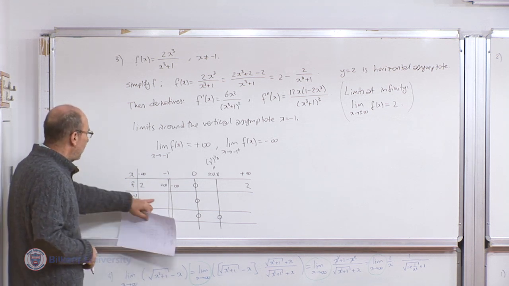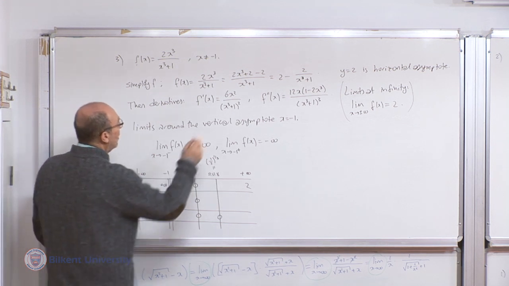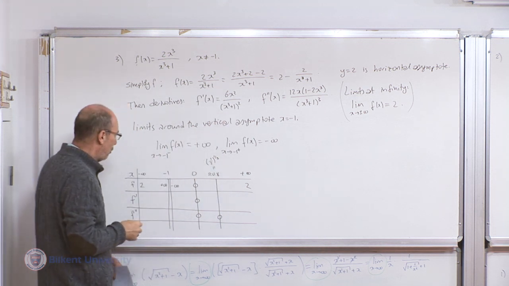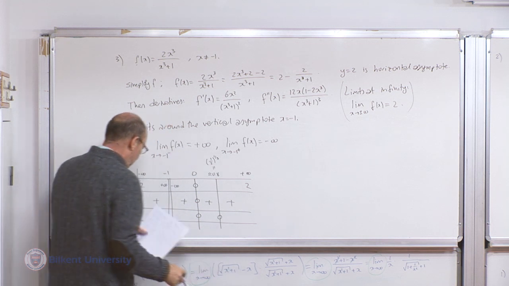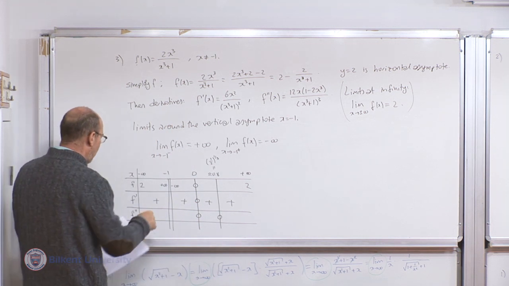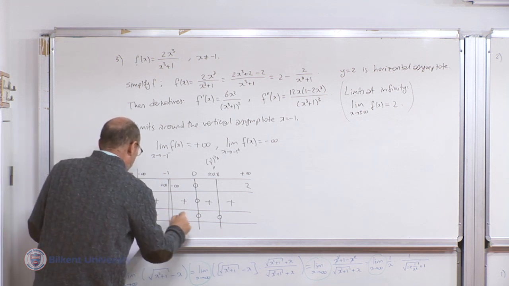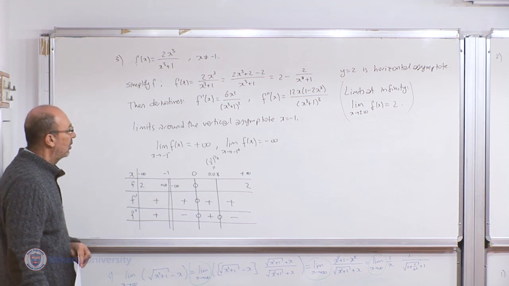So now let us look at the sign of f prime. Sign of f prime is positive. Okay, square over square is always positive. So this function is relentlessly increasing. And the sign of second derivative, okay, so let me just write what I found last night.